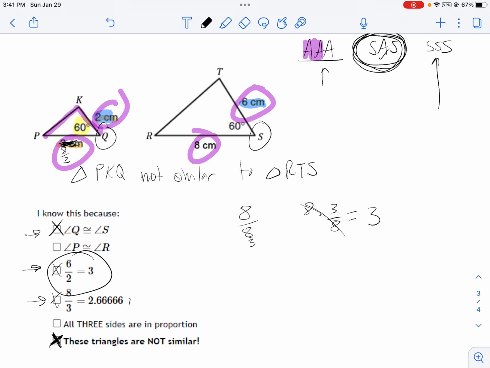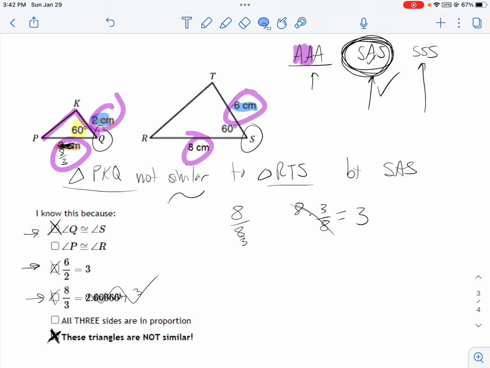They would have both been 3, in which case we would have been able to say side, angle, side similarity, and you would have said they're similar. PKQ is similar, using that little fancy squiggle to say similar, to triangle RTS by side, angle, side. And then you would just check these three boxes. You wouldn't check that the triangles are not similar, because that would be a 3 if you were to fix that. And you would be good to go.